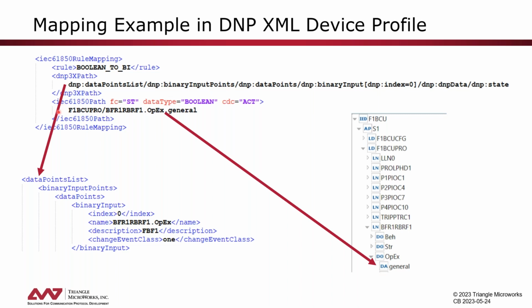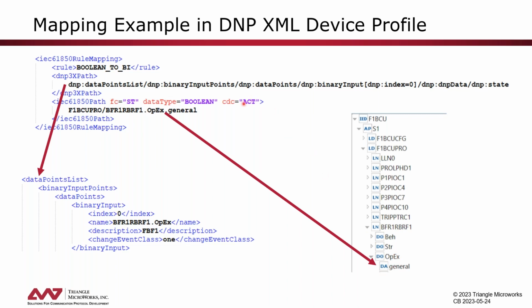The same way we have the IEC 61850 path. This points now into the IED, ICD, into the SCD file, and it basically points to the device F1 BCU, logical device Pro. What we see here: the logical node breaker failure RBRF, the prefix BFR1 RBRF, the data object OpX, and the data attribute general.